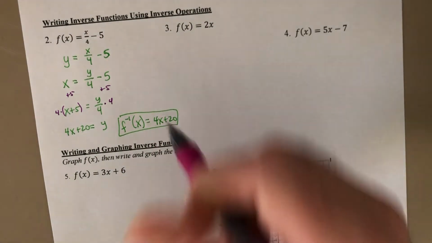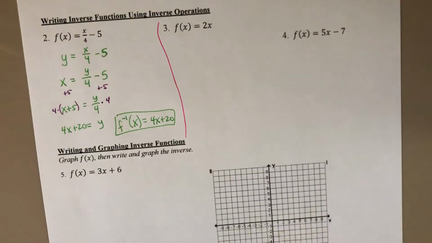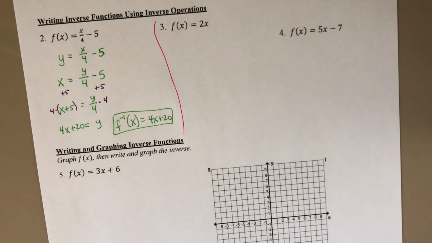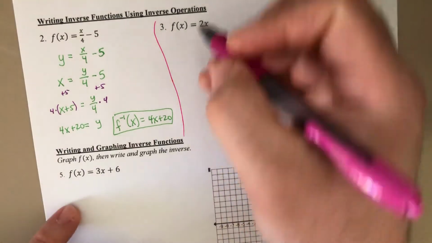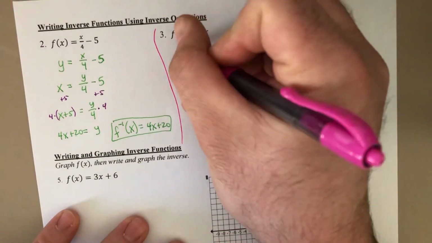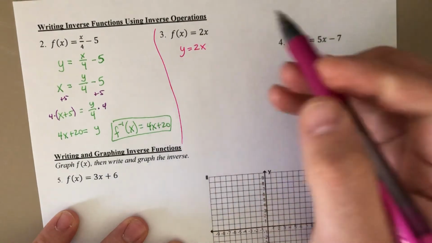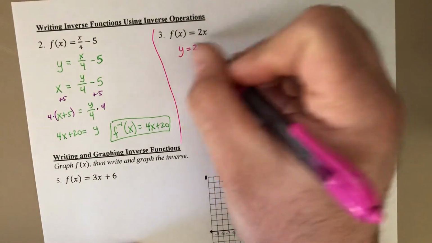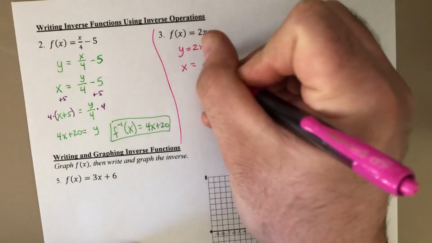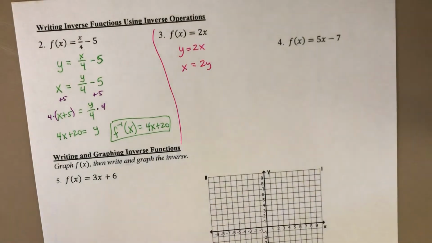Let's do another example. All right, so again, replace f of x with y equals 2x. And then we're going to swap x and y. So x equals 2y, and then solve for y.